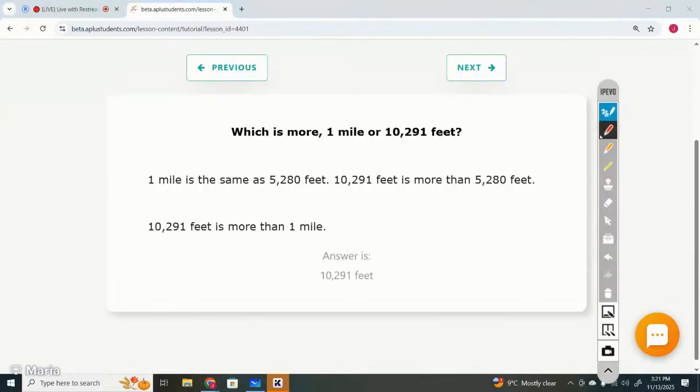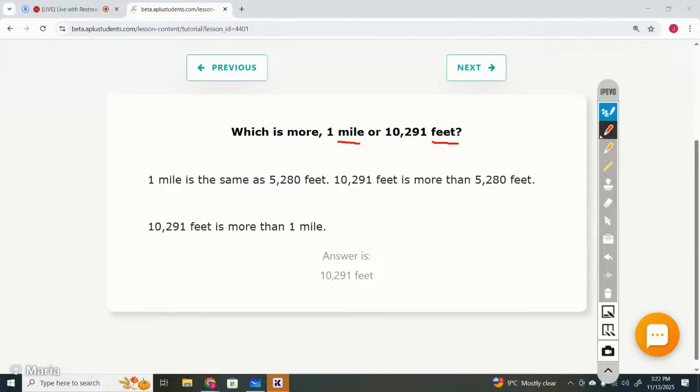That is very, very important. You need to learn some of the basic conversions. You can note them down in your notebook so that you can remember them. Which is more, 1 mile or 10,291 feet? We're going to compare two different units, right? We cannot compare units that are different.